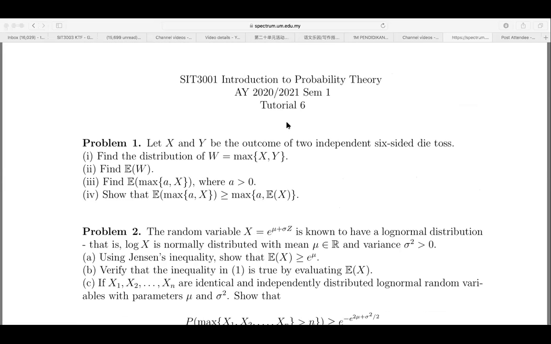Is Sudha here? Sudha Veni? Okay, Sudha, can you try question 1? Okay, let's try it, all right?